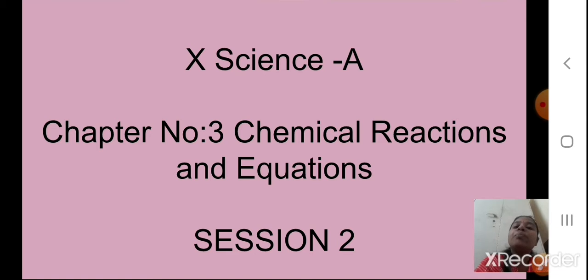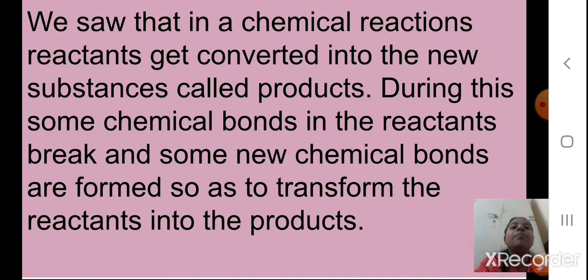Okay, so we'll proceed with this session today and the next part which we are going to see, students, is about the types of chemical reactions. Before that we will see this part. We saw that in a chemical reaction, reactants get converted into new substances called products. Yes, we have seen this in the last session as well.